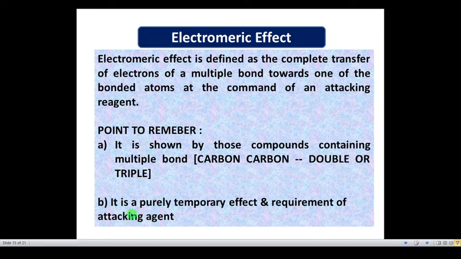And this effect is purely a temporary effect. It requires some attacking reagent for this electromeric effect to take place. So I am simply repeating here, the electromeric effect is defined as complete transfer of electrons of a multiple bond at the command or at the demand of an attacking reagent.